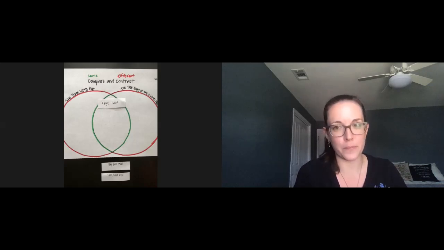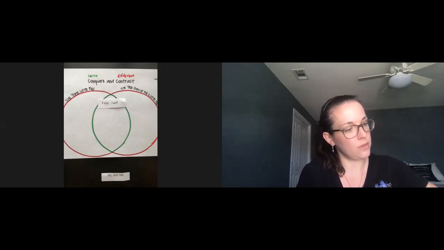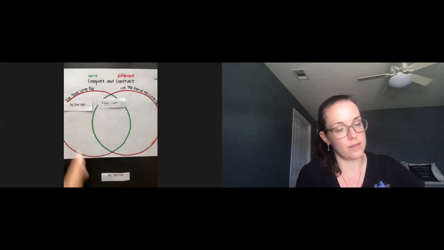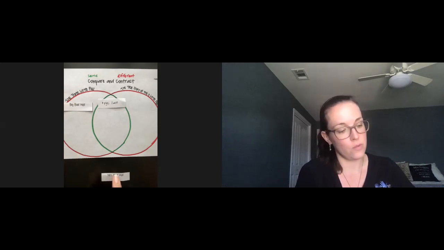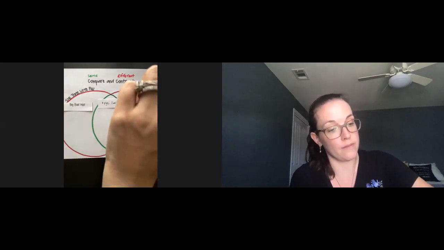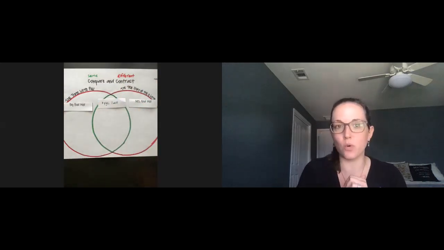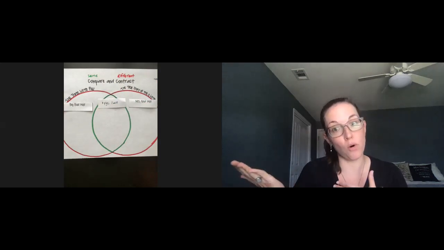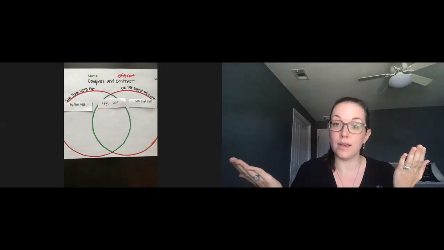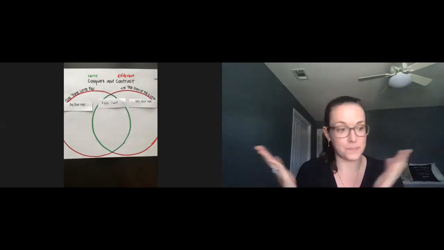We're going to put that one there. That one goes in The Three Little Pigs, the traditional story. They have a big bad wolf. And the nice kind wolf was in the true story of The Three Little Pigs. So that's a way that they're different. So if I was going to ask you, what's a way that they're different? You could say one has a big bad wolf and one has a nice kind wolf. That's a way they're different.